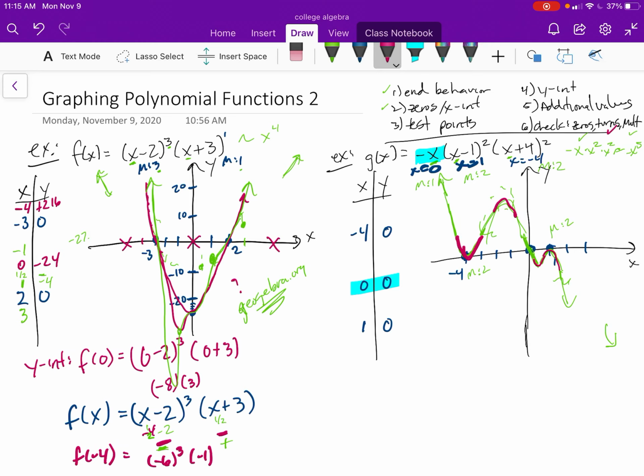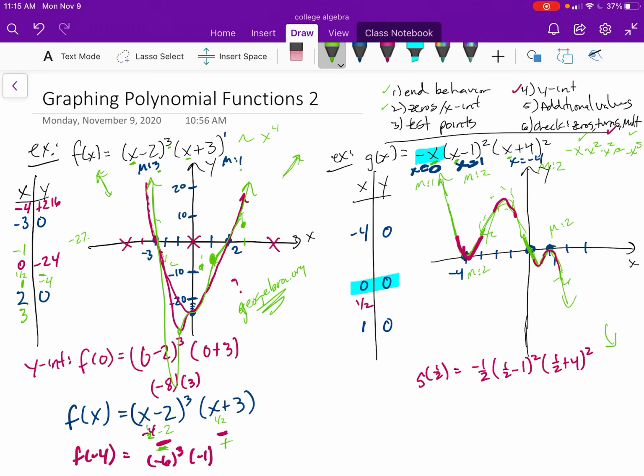All right, we have the y-intercept, we have our x-intercepts, we just need some test points. So here's a great example where I could test 1/2. Right, so if I do g of 1/2, again, I know I kind of need the value to see where it goes, but at the least we could tell if it's positive or negative. I'd have negative 1/2 multiplied by (1/2 minus 1) squared multiplied by (1/2 plus 4) squared.